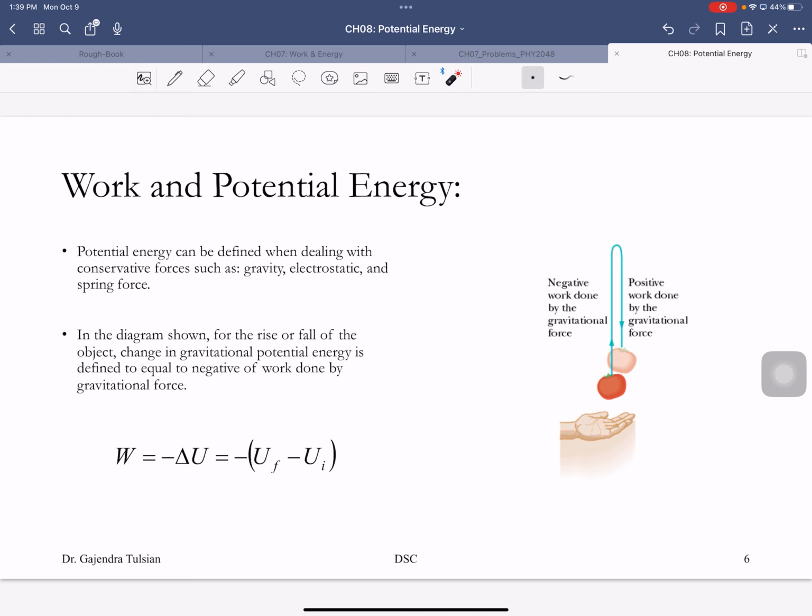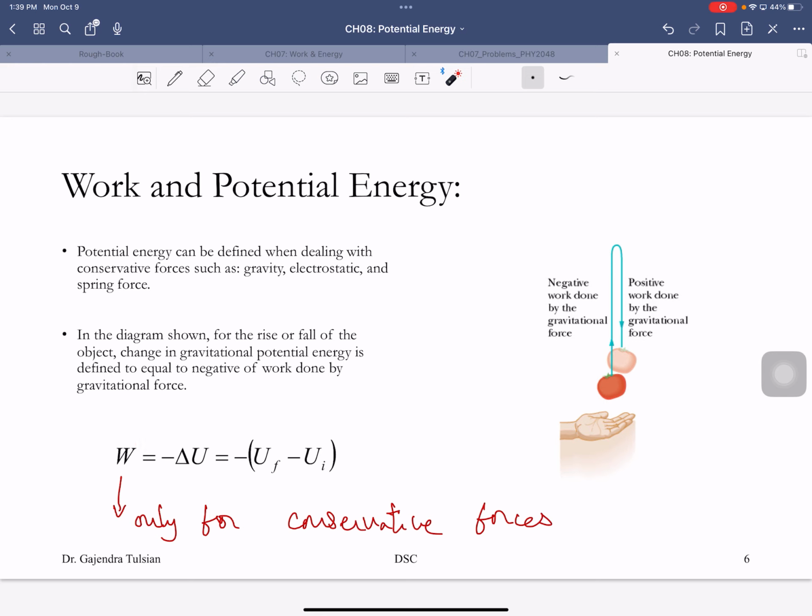The work done by a conservative force is the negative of the change in potential energy. This is only for conservative forces. So potential energy can be defined when dealing with conservative forces.